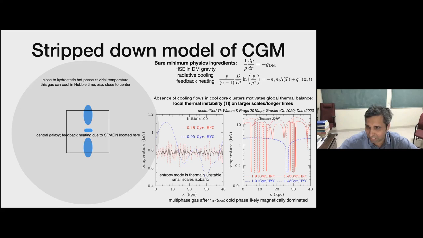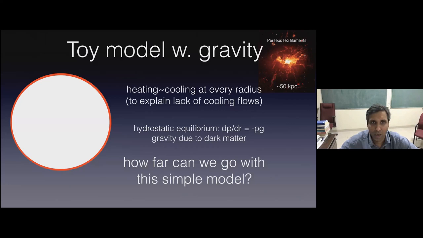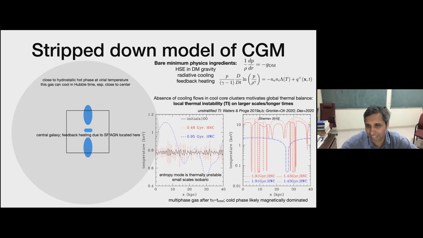In these simulations, we are actually imposing a temperature floor at around 10^6 Kelvin. So that's why this is not at 10^4 Kelvin, but at a higher temperature. But that was just so that we can resolve the cooler phase a bit better. Okay, so this setup did not have any gravity.